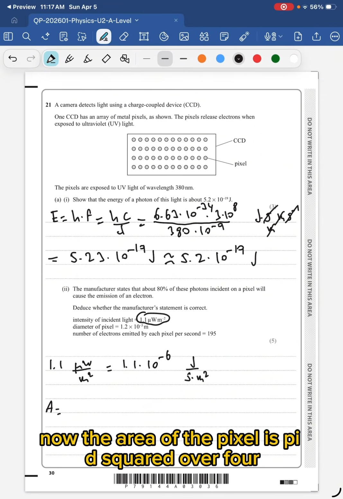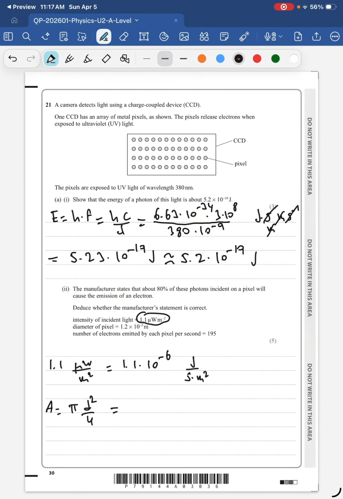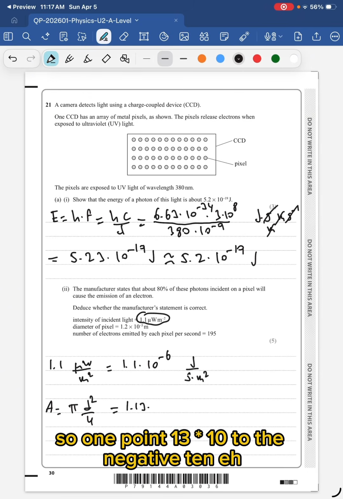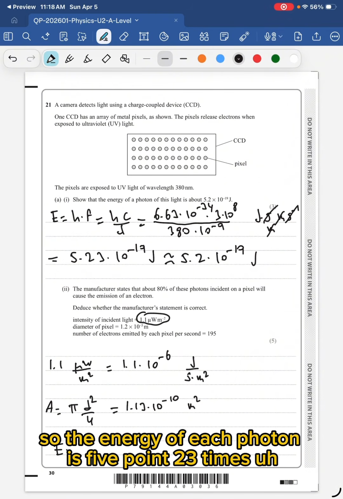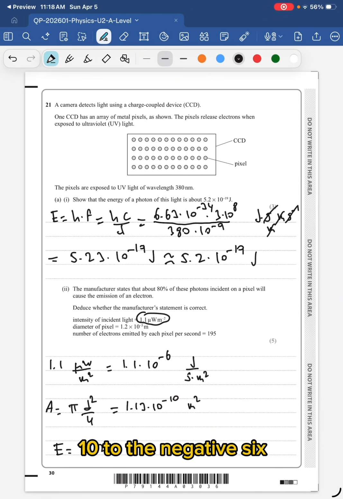Now the area of the pixel is pi d squared over 4, so 1.13 times 10 to the negative 10 square meters for each pixel. Okay, so the energy of each photon is 5.23 times 10 to the negative 19 joules.